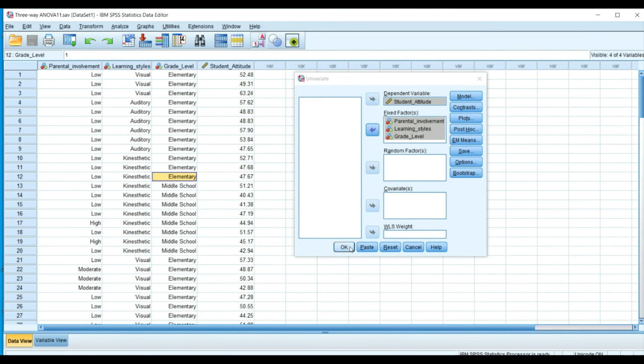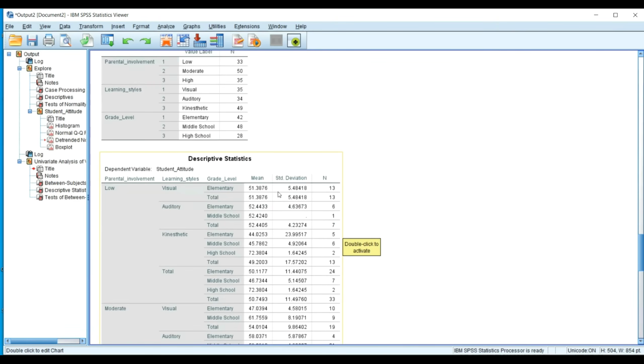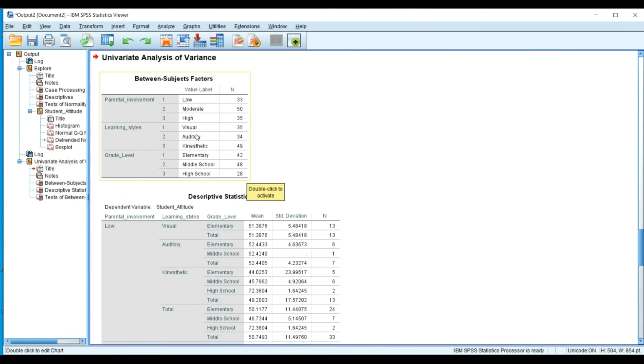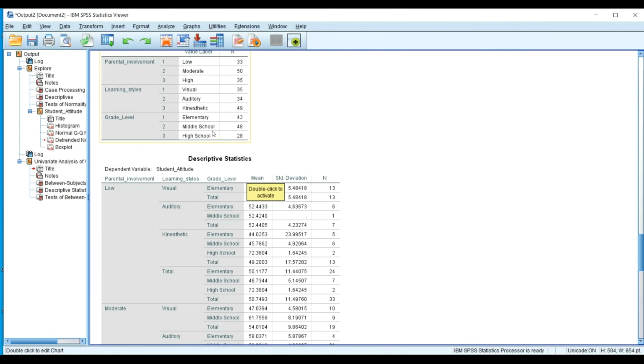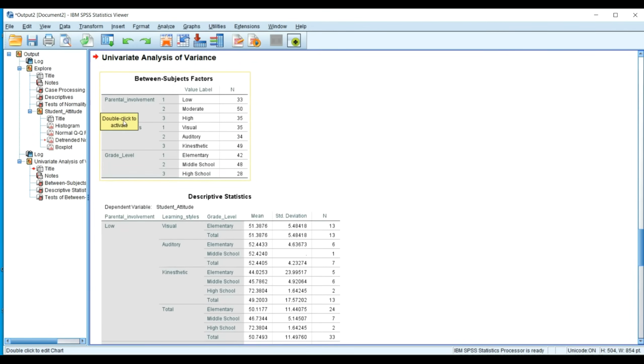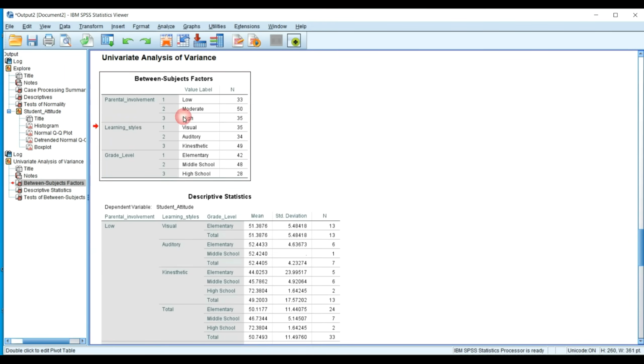We will first check the between subject factors. This is like the descriptive statistics. We have the parental involvement, 1 equal to low, 2 equal to moderate, 3 equal to high. So this is telling us how this was coded into SPSS.